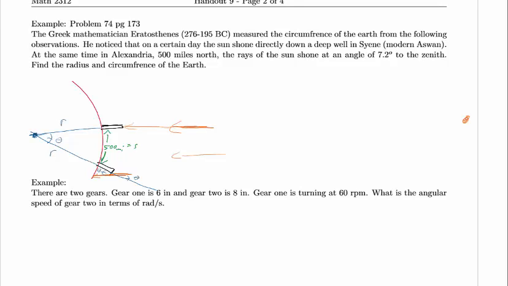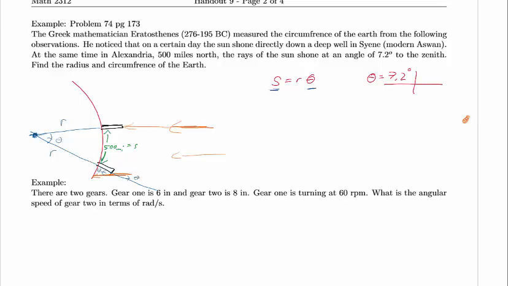We've got our equation, S equals R theta. Note that we already know what S is, that's 500, and we also know theta, which is 7.2 degrees. Now note we are going to have to convert theta into radians for this calculation, not a problem. As a matter of fact, let's do that right now. Theta equals 7.2 degrees, but we don't want degrees, we want radians.